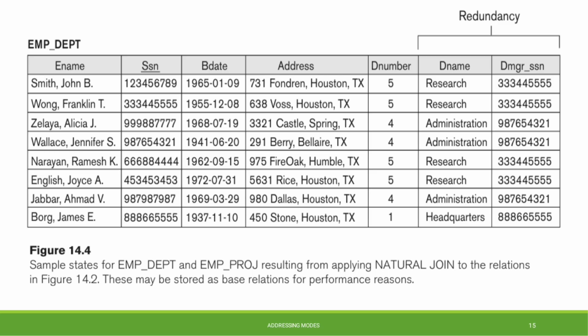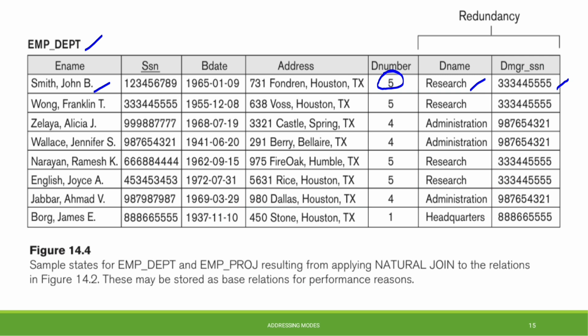In the EMP_DEPT relation, an employee's information is stored in a row here. That employee belongs to department number 5 and the department name is Research, DMGR_SSN, that manager's social security number is 333445555.